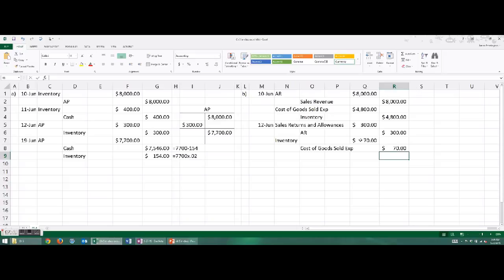So that's the June 12th transaction on the books of the seller.